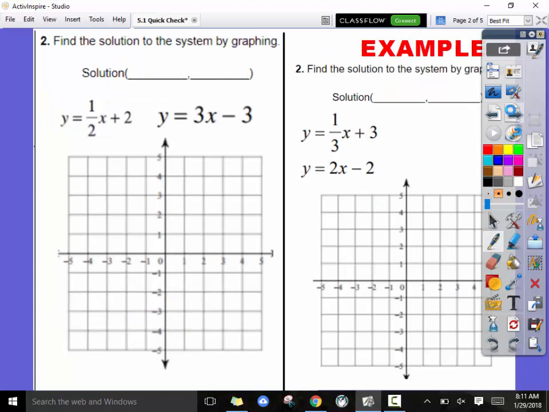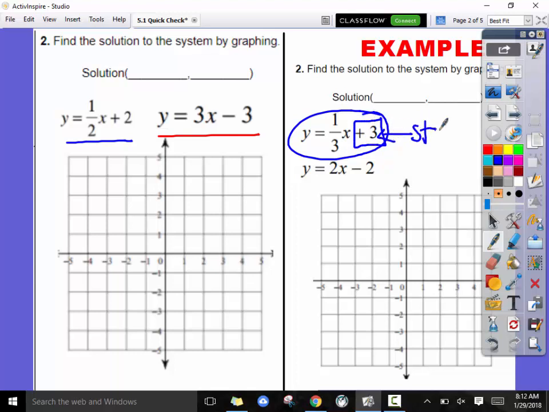Number 2 said, find the solution to the system by graphing. So you had an equation y equals 1/2 x plus 2, and another equation of y equals 3x minus 3. In an example like number 2, we'll graph y equals 1/3 x plus 3 first. Remember, here is where you start on the y-axis.